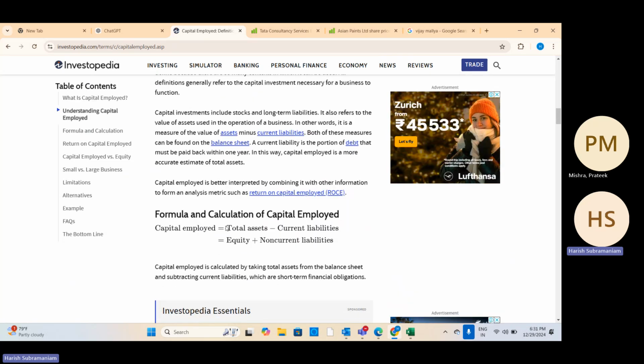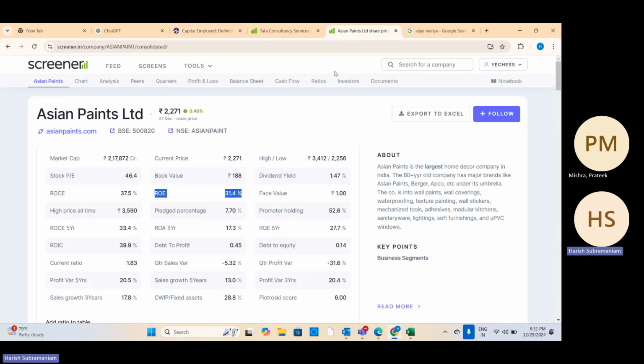That gives a sense of my capital employed. Here, the return on capital employed also takes into account the debt. So if a company has a huge amount of debt and very huge assets, but is not generating a good amount of money, then this value may be somewhat depressed.